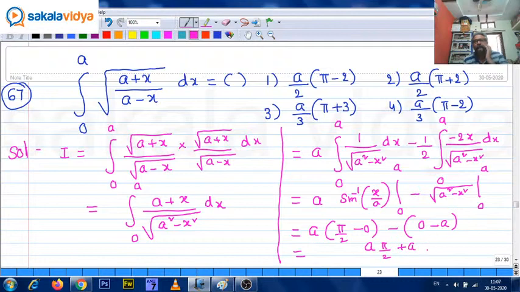Taking a by 2 common, you get pi plus 2. So the second option is the right option.